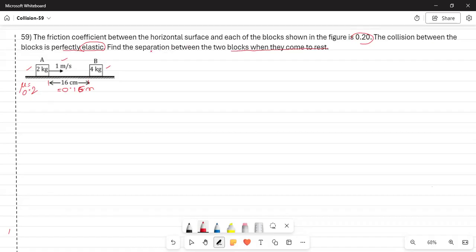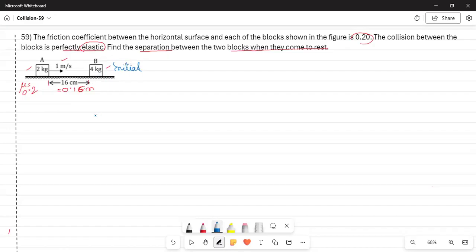This is the question, the separation distance between the two blocks. Now, how do we proceed? This is before collision. This is the initial condition.